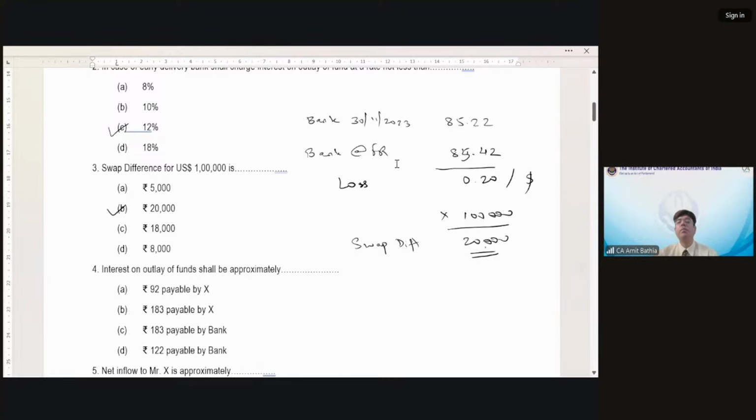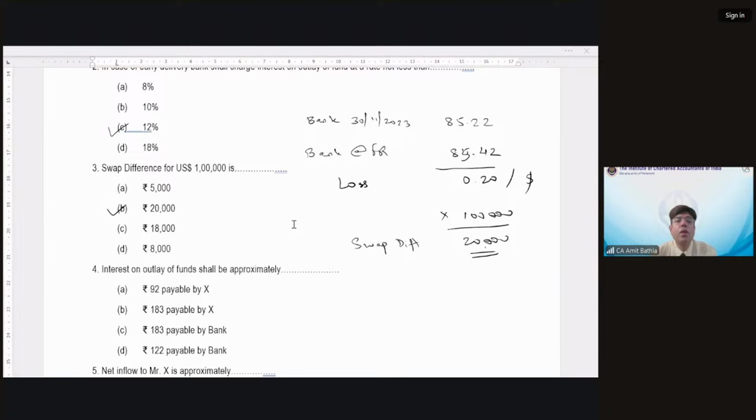Bank will buy at forward rate at 85.42. So the loss will be 0.20. So the loss turns out to be 20,000.